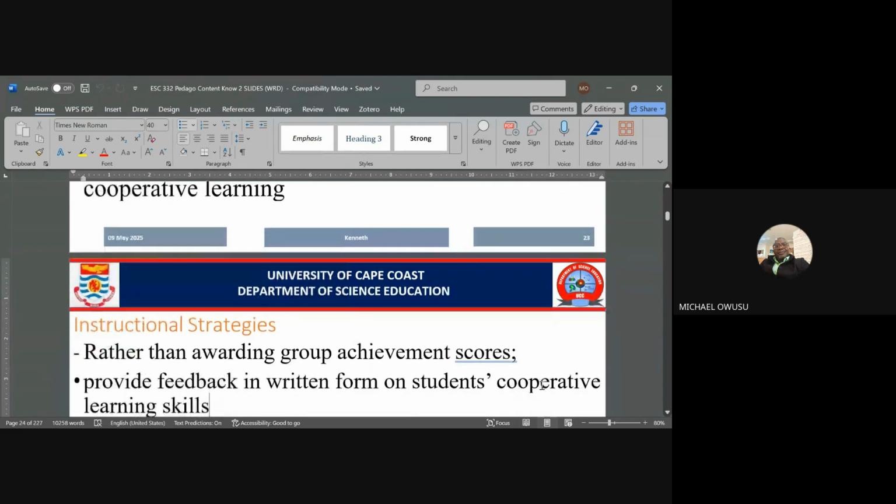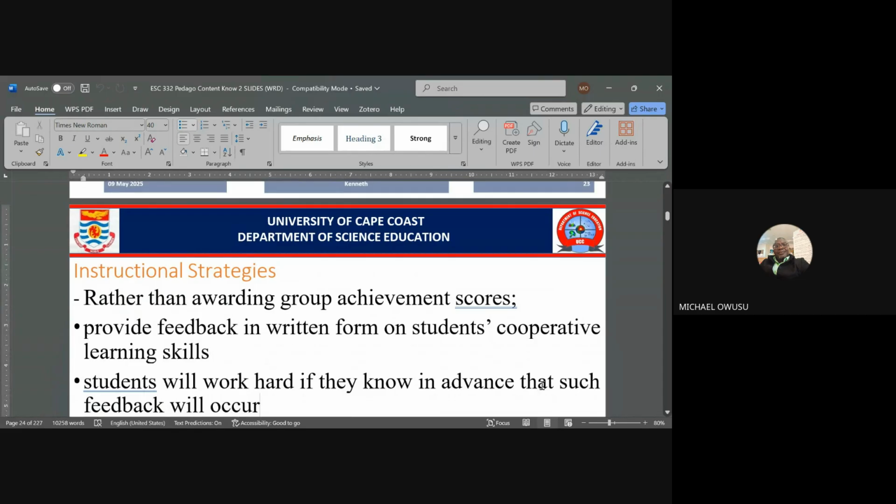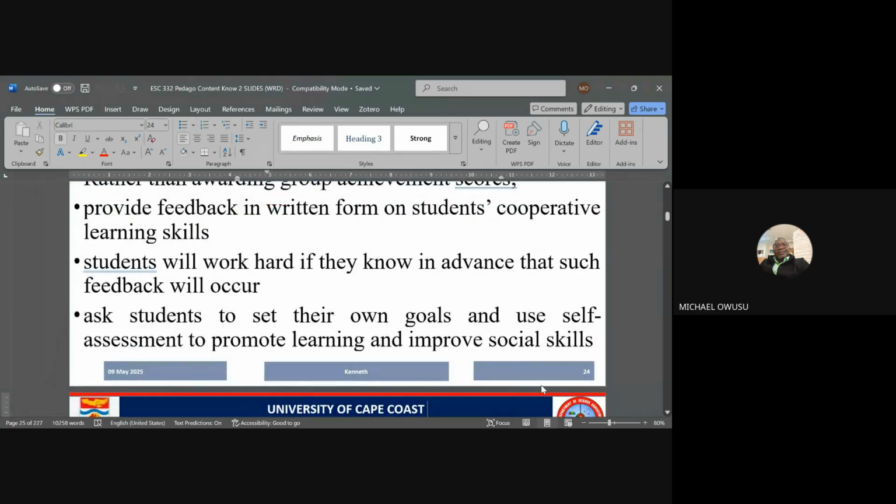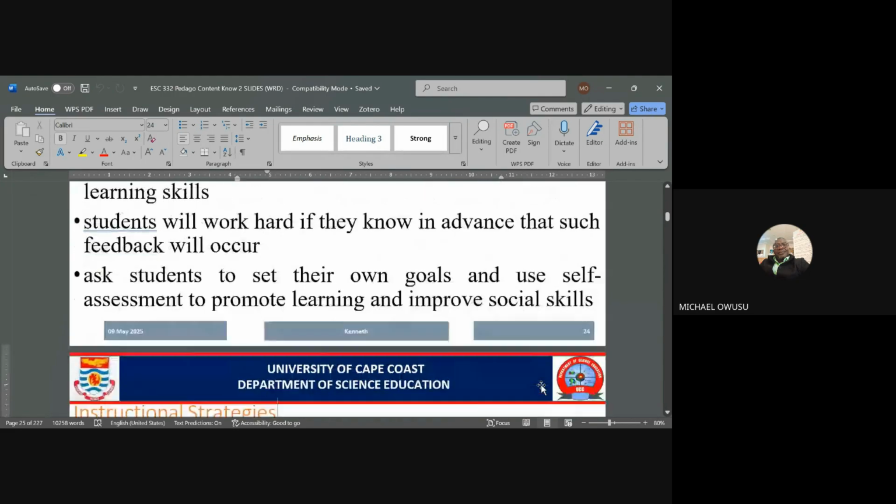Now listen to this one. Rather than awarding group achievement scores, provide feedback in written form on students' cooperation learning. Students will work hard if they know in advance that such feedback will occur. Ask students to set their own goals and use self-assessment to promote learning and improve social skills.